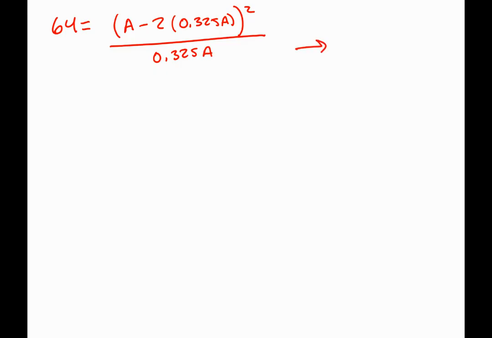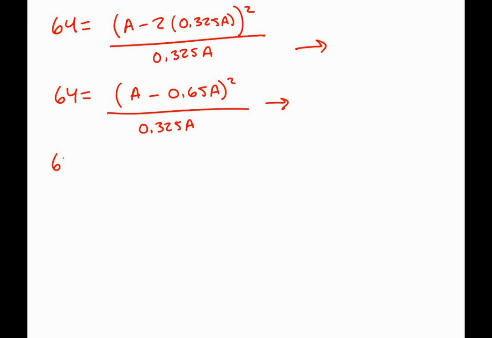Now we'll go about simplifying this expression and solving for A. So 64 is equal to the quantity A minus 2 times 0.325A, which is 0.65A, quantity squared over 0.325A. So 64 is equal to 1 minus 0.65, which is 0.35A, the quantity squared, over 0.325A.